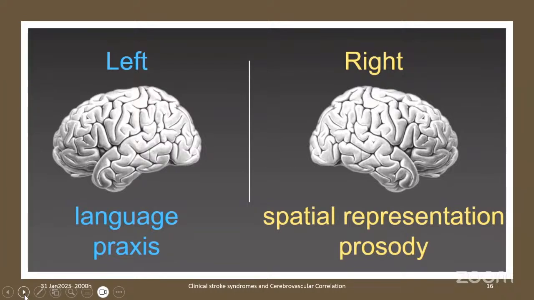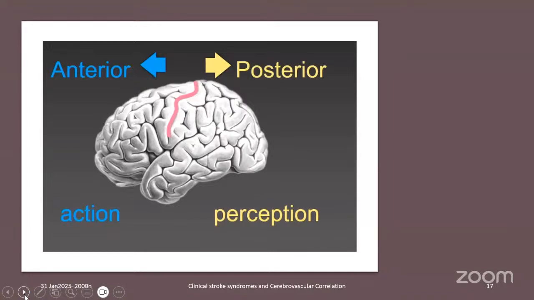The right has spatial representation, and the prosody, or the modulation, the stress you give for speech, is in the right cerebral hemisphere. So depending on the hemisphere that is involved, you have defects. And it also has anterior and posterior portions.